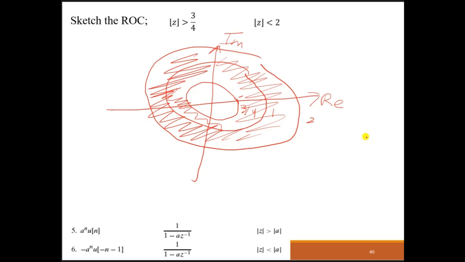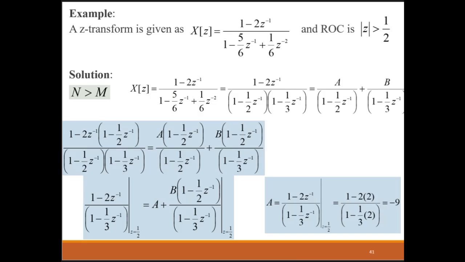Okay. Right. So let's look at another example, this one is more or less similar. You have a Z transform given, X(z), and ROC is bigger than 1/2.